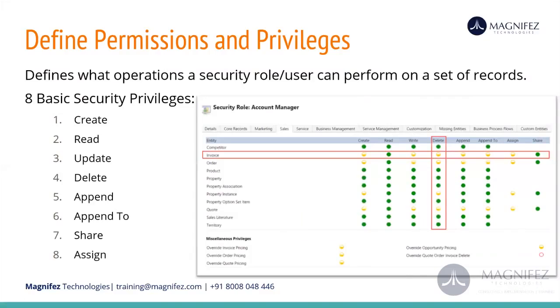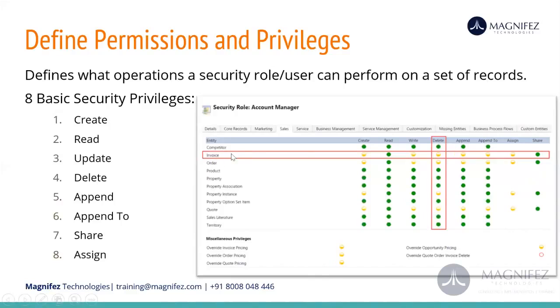So these are the 8 privileges we have. What you're seeing here on the right hand side is a security role, which will have these tabs. Under the sales tab, we have the sales entity details as rows, and on the columns, we have the different privileges like create, read, update, etc. We have some bubbles over here, and each bubble indicates what operation or permission this particular security role has on this particular entity.